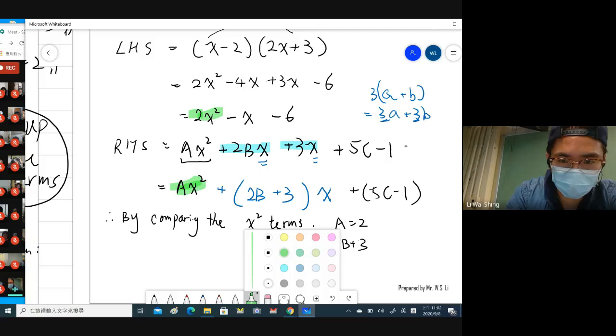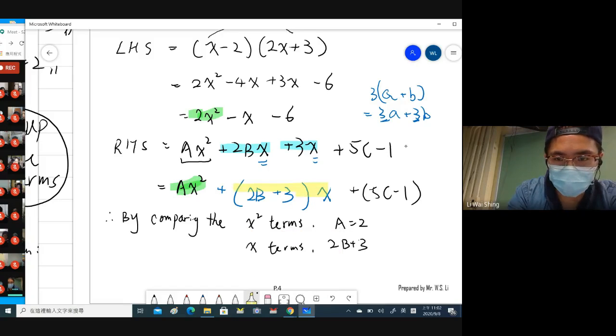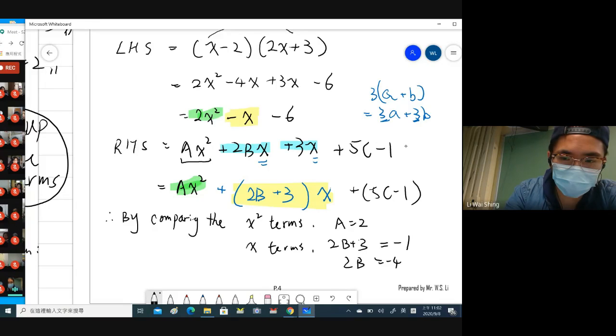Okay, so let's take a look at the x term. 2b plus 3 will actually equal this term, the x term. The numbers of x term will be equal, so it should be minus 1. 2b equals minus 4, b equals minus 2.